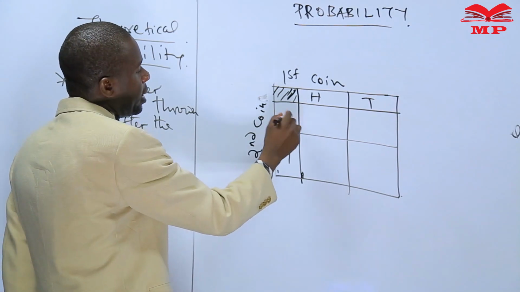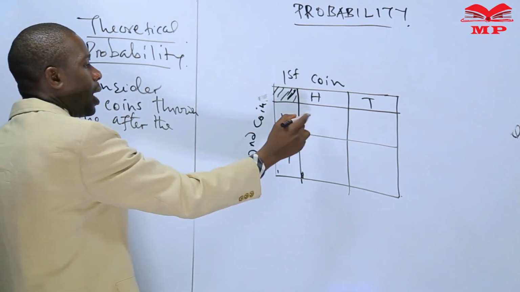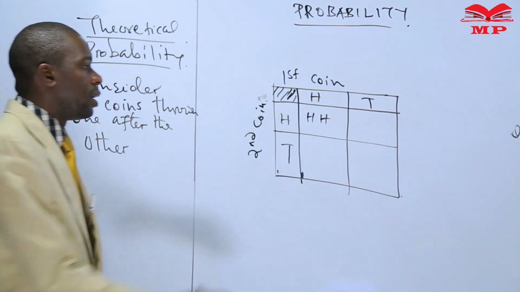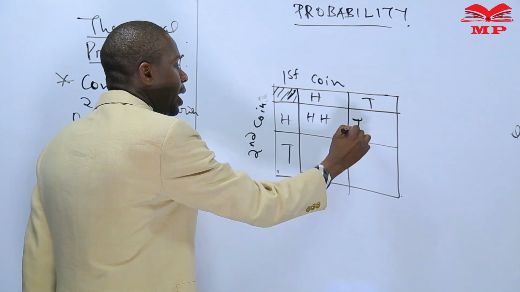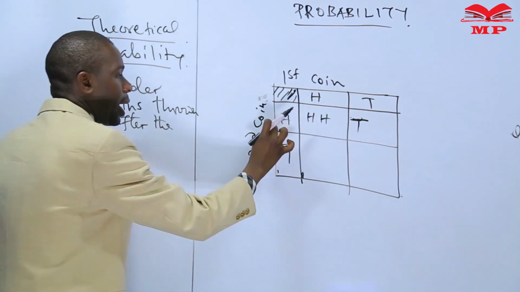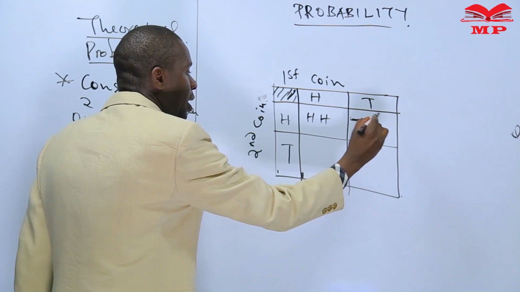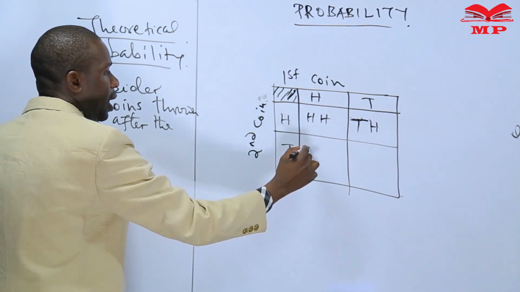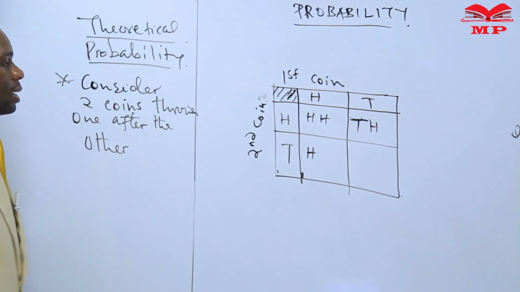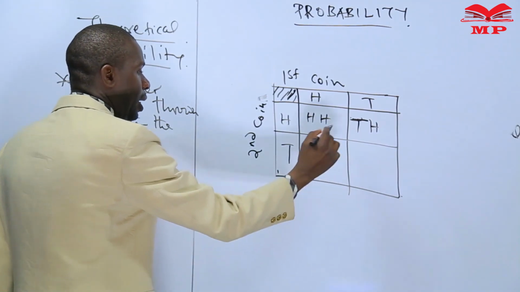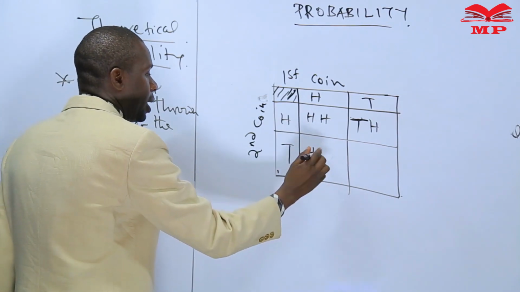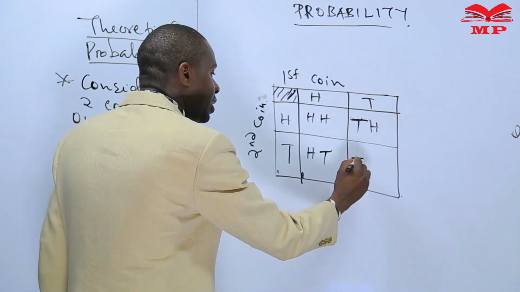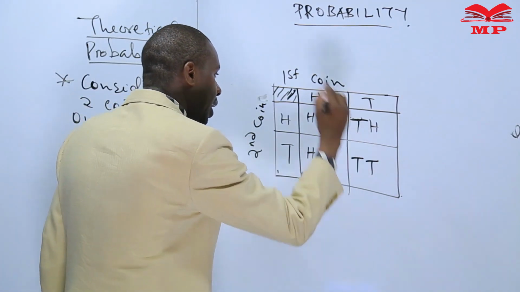So from this we can say that the first coin can give us a head and the second coin also gives us a head, or the first coin can give us a tail and the second coin also gives us a head, or the first coin can give us a head and the second coin gives us a tail, or the first coin can give us a tail and the second coin gives us a tail as well.